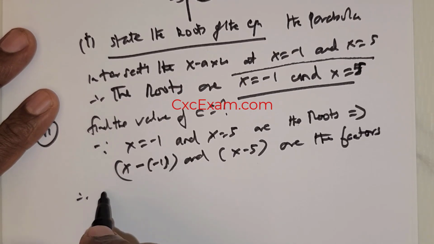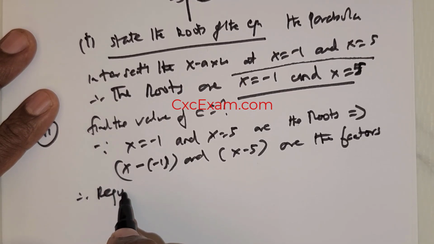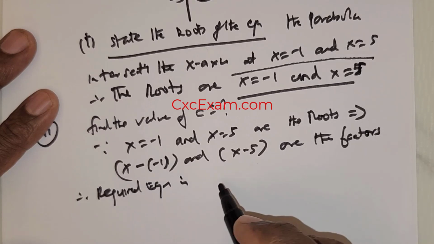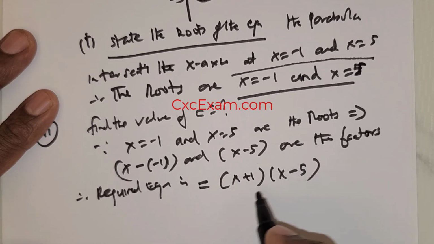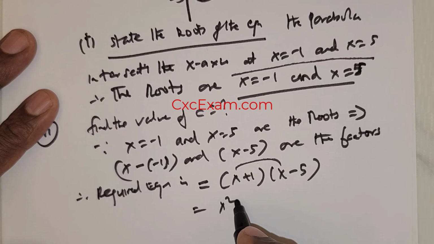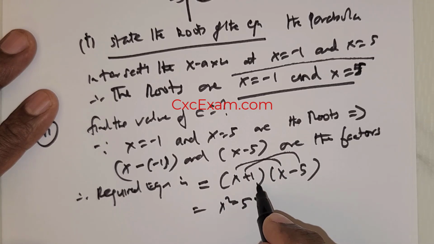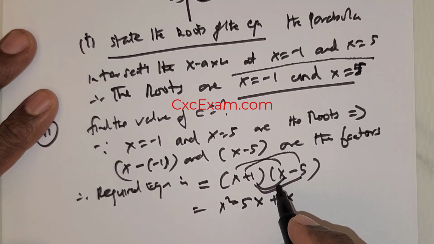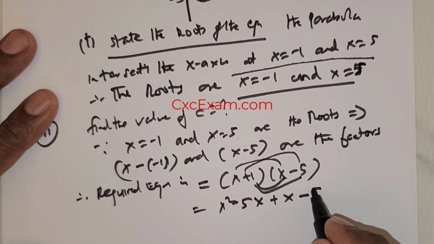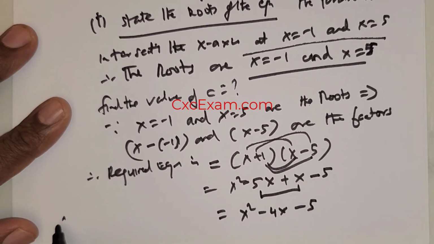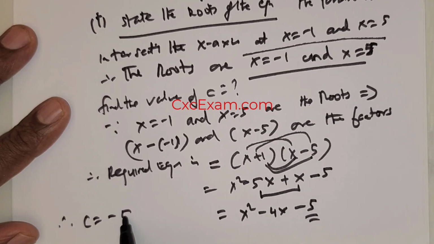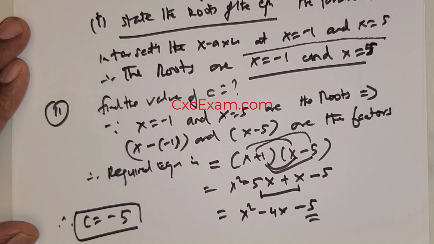So therefore the required equation is (x positive 1) and then (x negative 5). You multiply it: x into x, x squared, x into -5, -5x, 1 into x is x, -5 into +1 is -5. Right, so you add these together, you get x squared, -4x, -5. So therefore C value is what? The constant, -5. So this is the second part.